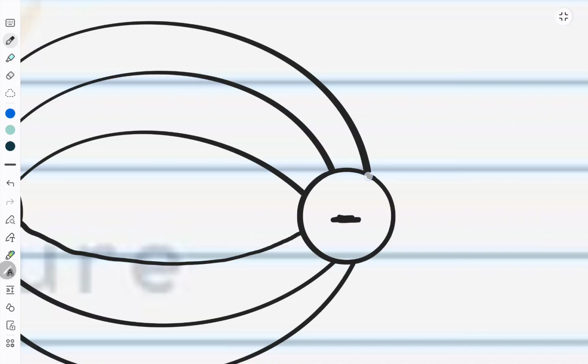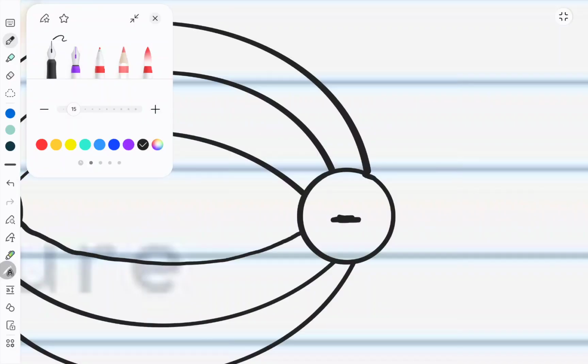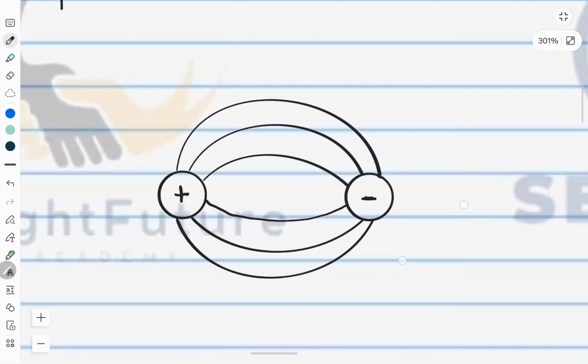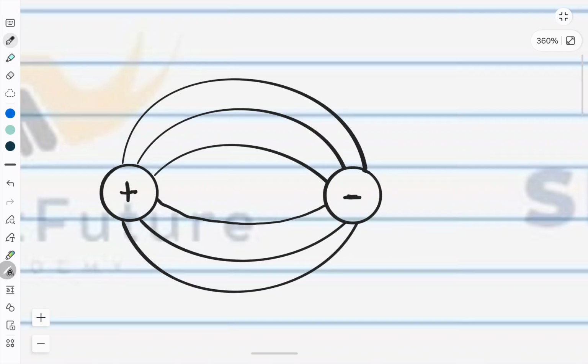Okay, that's fine. All right, so that's our sphere, our pattern. And then remember, we are moving from positive towards the negative always. So the arrows are pointing towards the negative.